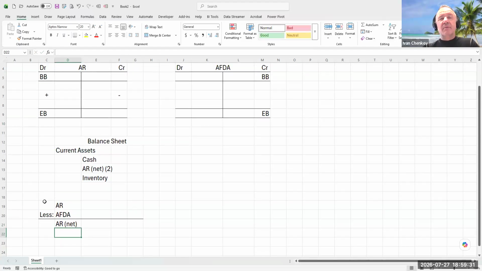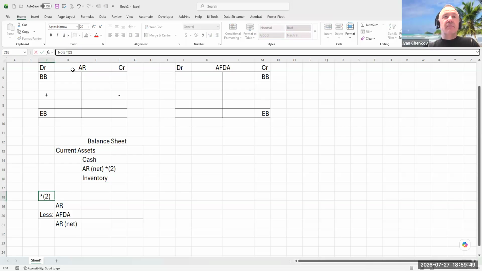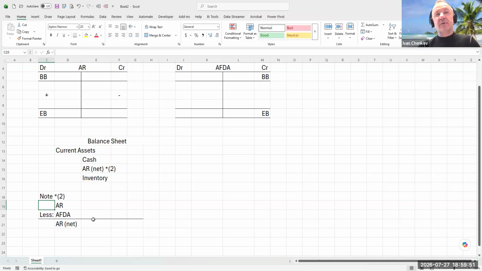And that's how it's going to be presented on the audit. It's going to have the note in brackets 2, which will be related to the note sitting here. Let's make it professional, note 2 will be related to the explanation of what exactly this is related to. We're going to have the amount of accounts receivable, less allowance for doubtful accounts, for a given net accounts receivables.